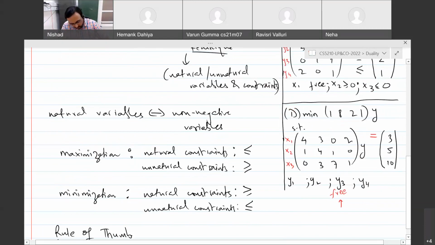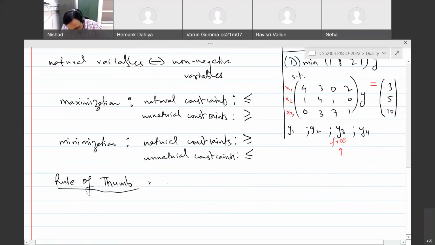Okay? So natural variables correspond to natural constraints, and therefore it follows that unnatural variables correspond to unnatural constraints.